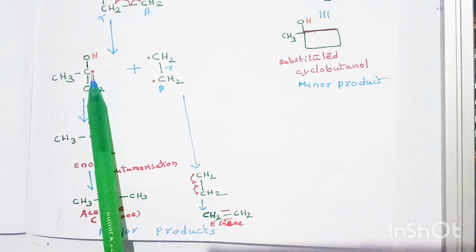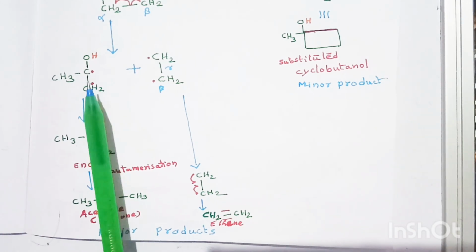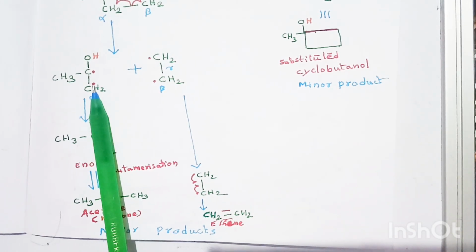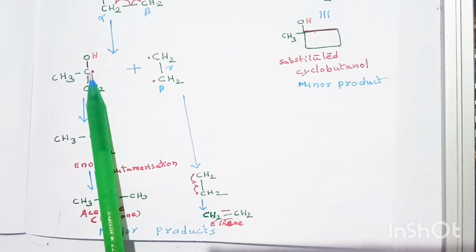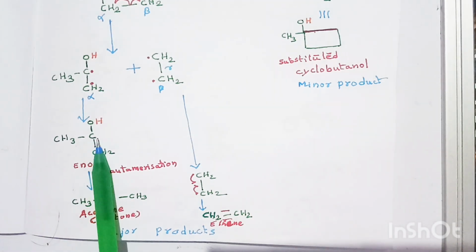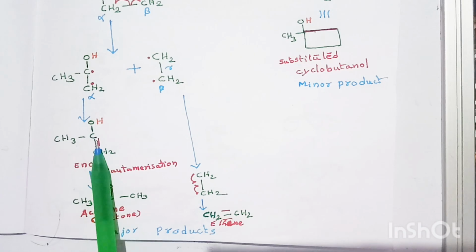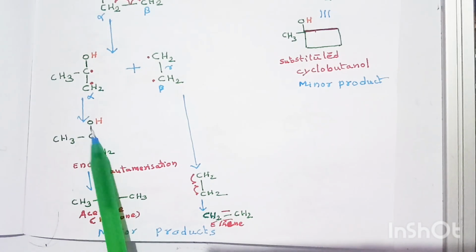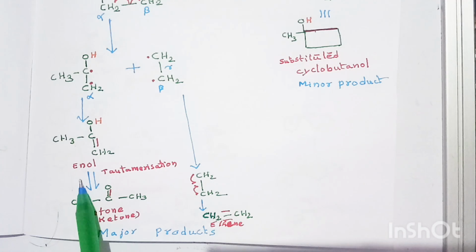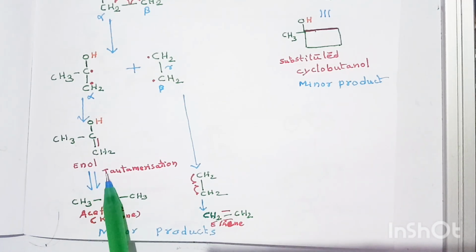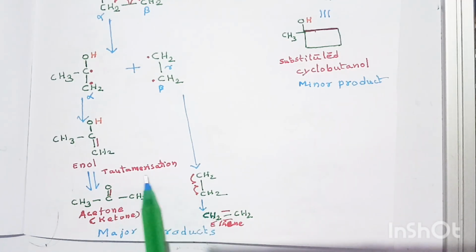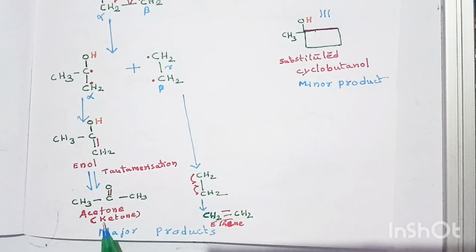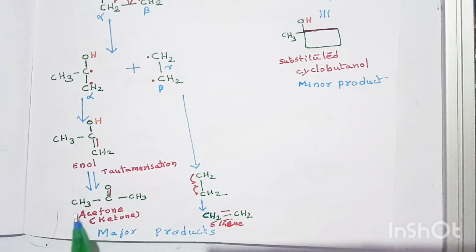Then this carbon already has a radical. Alpha carbon got a new radical. These two radicals will join together to form a double bond, another bond that is represented in red ink. So we get CH3 COH double bond CH2. This is enol. This enol undergoes tautomerization and forms ketone, that is acetone.